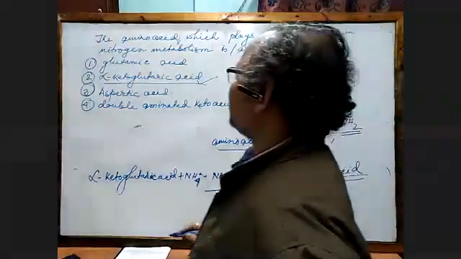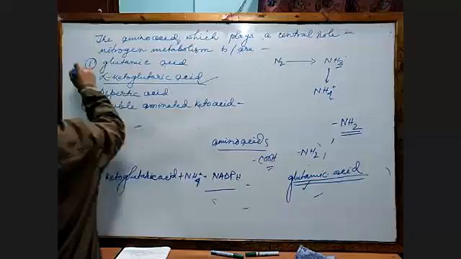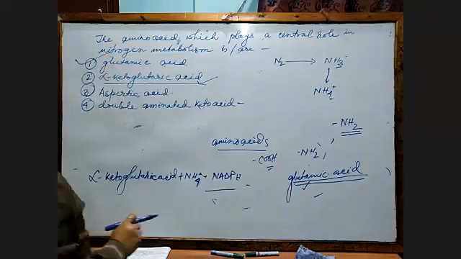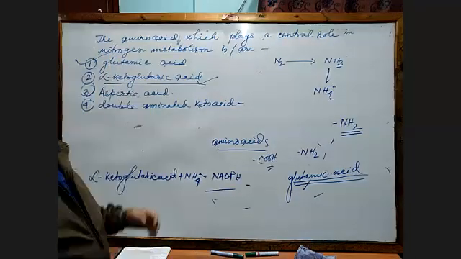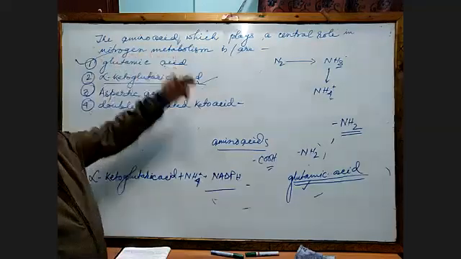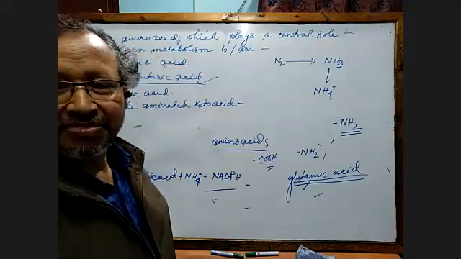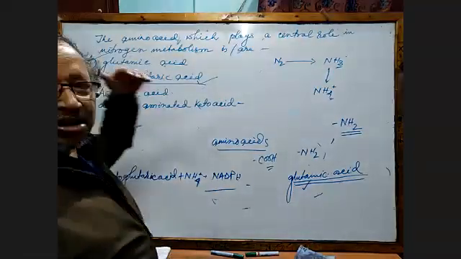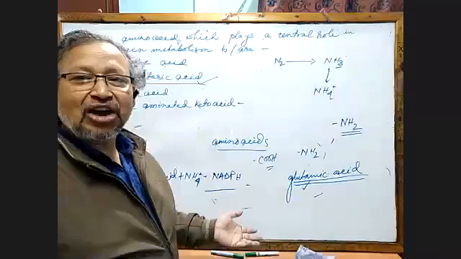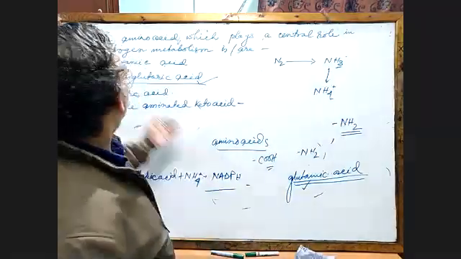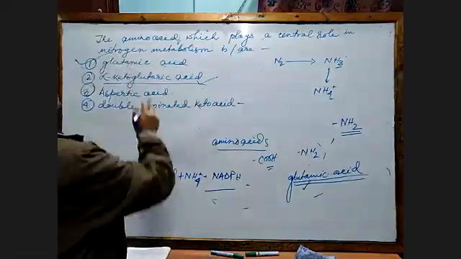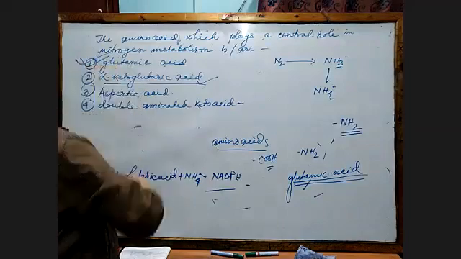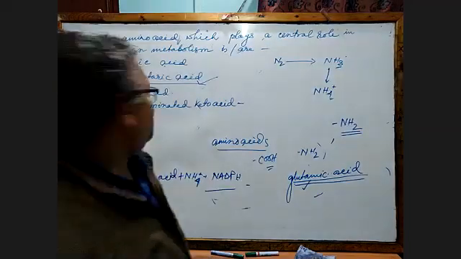That is why glutamic acid plays a central role in nitrogen metabolism. Glutamic acid is the first amino acid synthesized, and it plays a central role also.